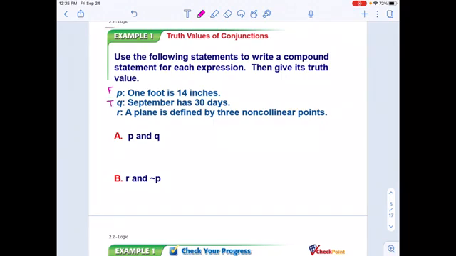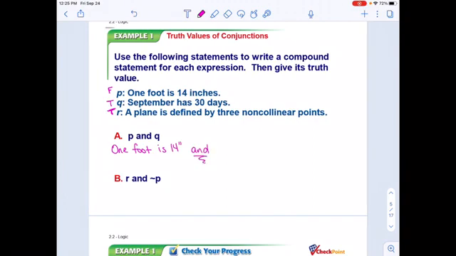And a plane is divided by 3 non-collinear points is also true. Okay? So now I know the truth value for each statement. All I do is write my P statement and my Q statement. So I have 1 foot is 14 inches.